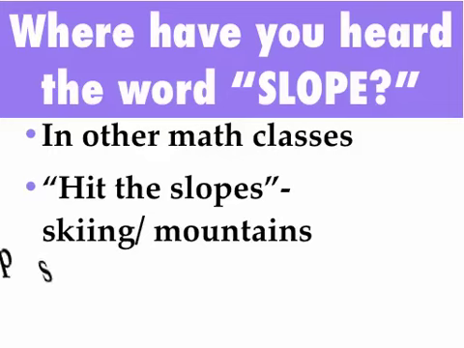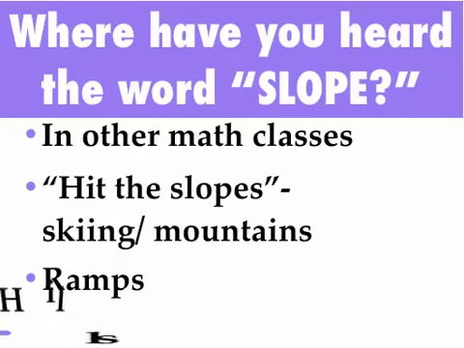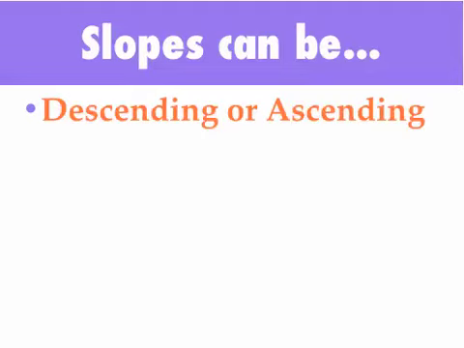You could also be talking about ramps, or maybe you've heard it in relation to hills. If you've heard the word slope before and you've heard it in context, slope usually means either increasing gradually up or decreasing gradually down. Slope can be descending or it can be ascending.